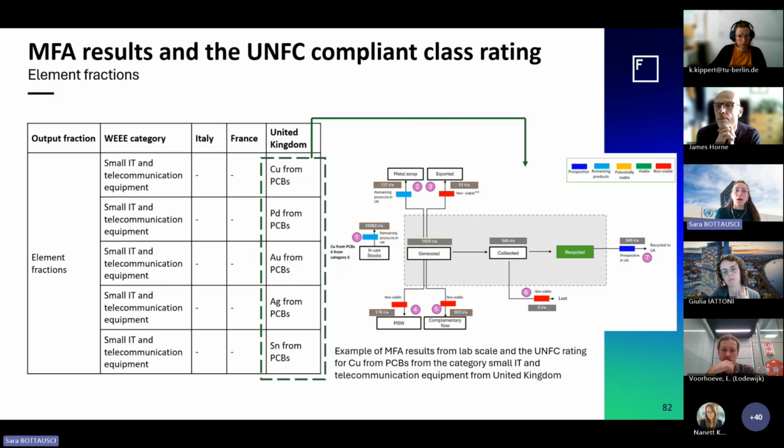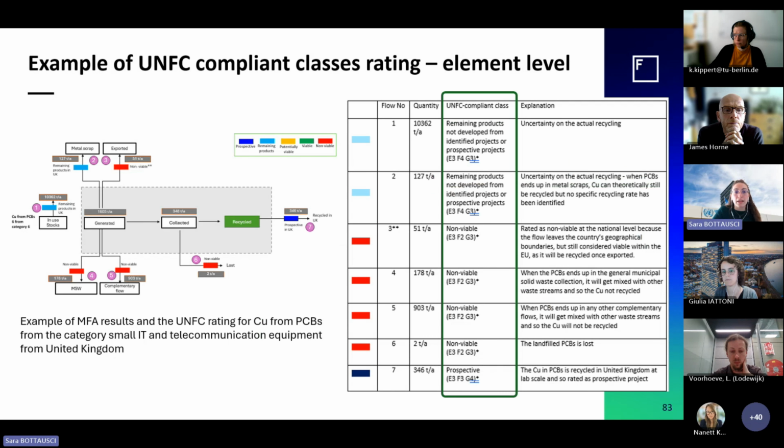And so we ended up also analyzing the copper, the palladium, the gold, silver, and tin derived from the treatment of PCBs from the category small IT and telecommunication equipment. In this case, again, we built our MFA, and thanks to the MFA represented, we were then able to apply the last stage, where we assigned to each of these specific flows a specific UNFC-compliant class rate.